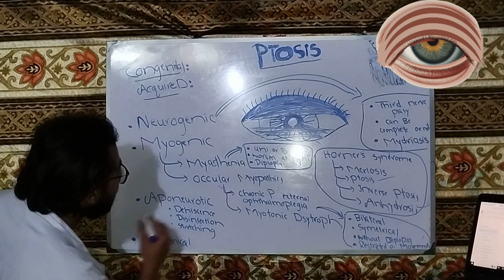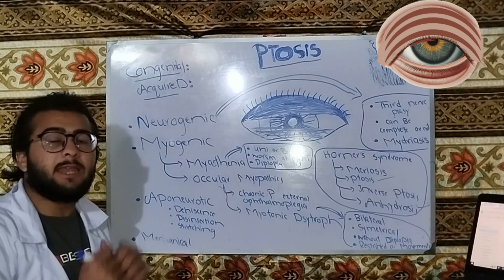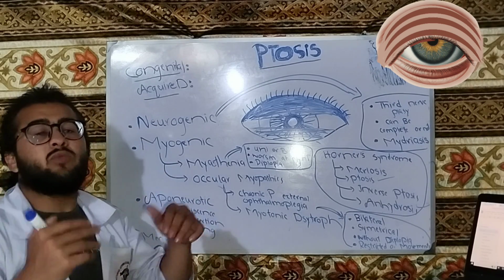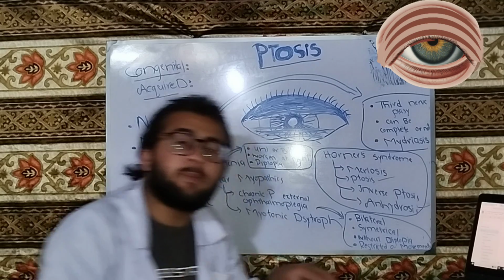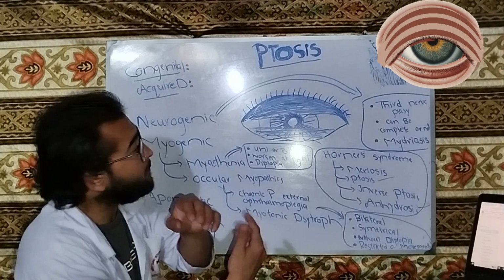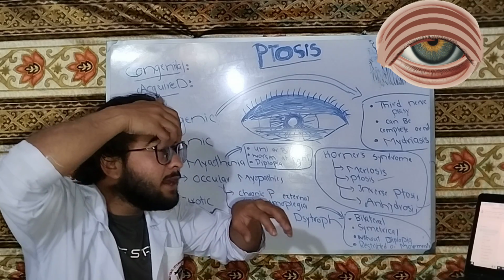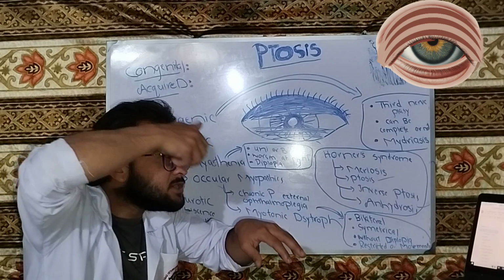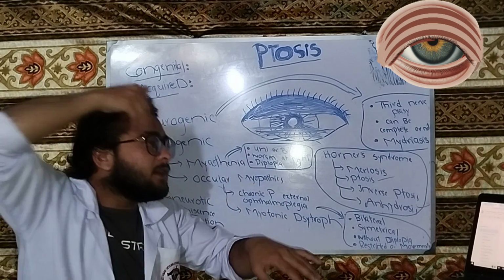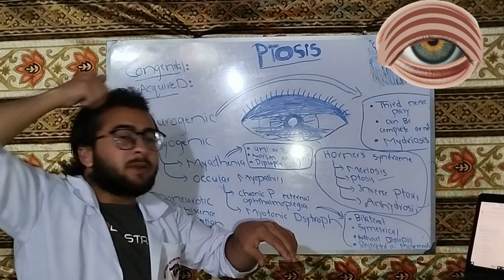Okay. Now the next type is aponeurotic ptosis. What is happening in aponeurotic ptosis? As we know, the levator palpebrae superioris muscle, the fleshy part is in the orbit, but the aponeurosis is in the upper eyelid. Through this aponeurosis, the levator palpebrae superioris lifts the upper eyelid.